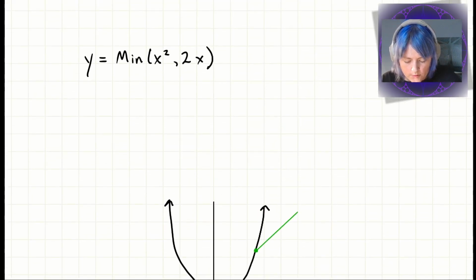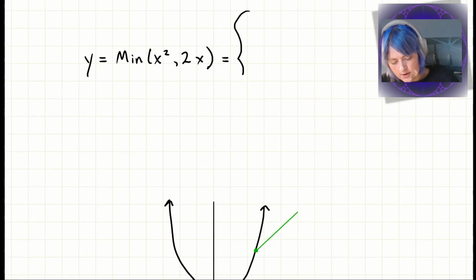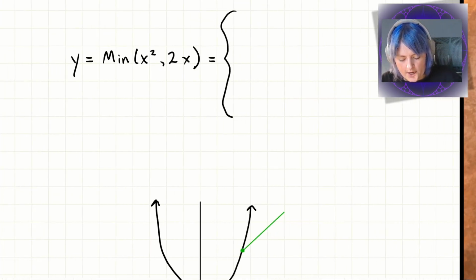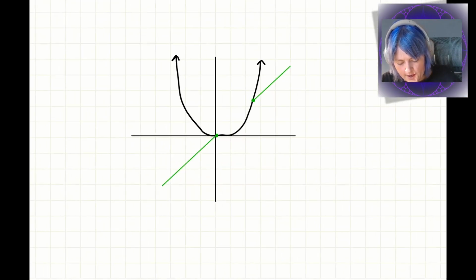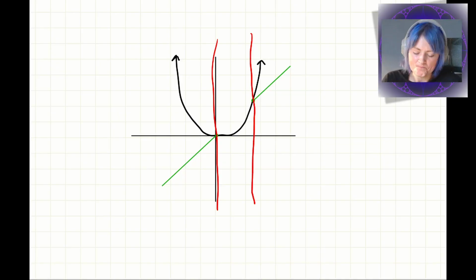And so we want to write this as a piecewise function. The reason for that is that we have these intervals here where this function is changing.